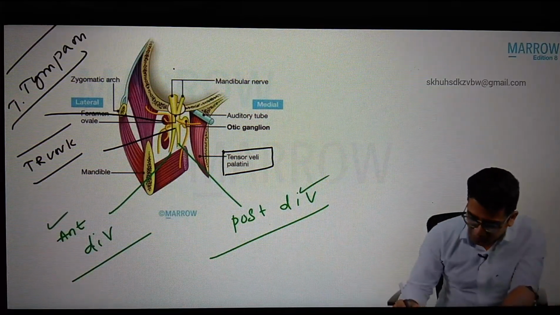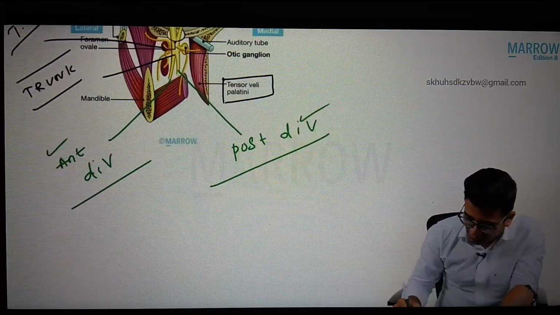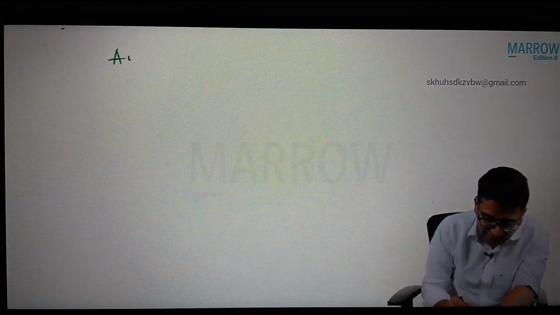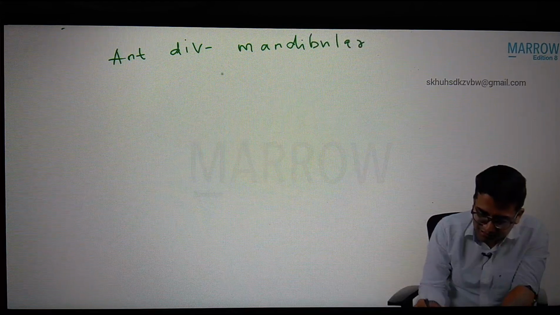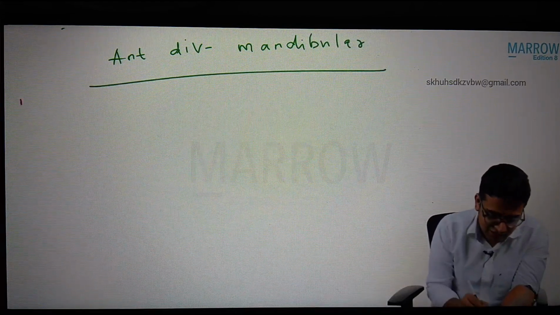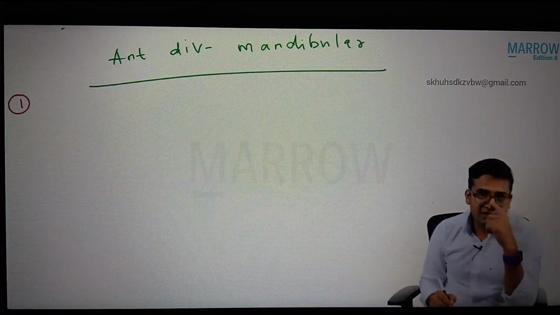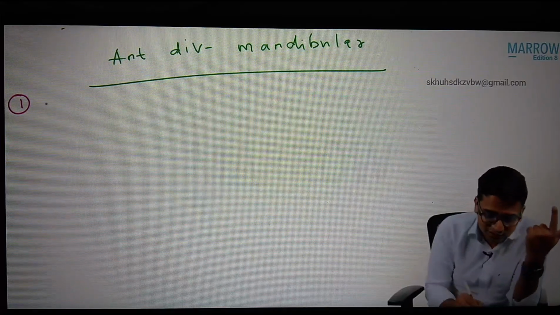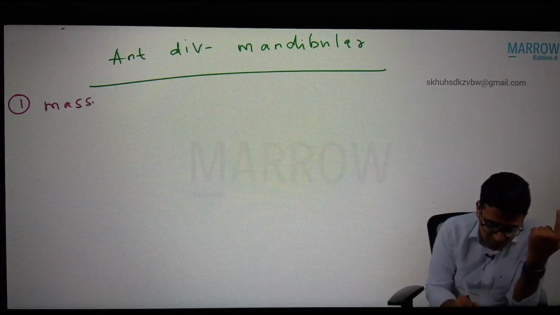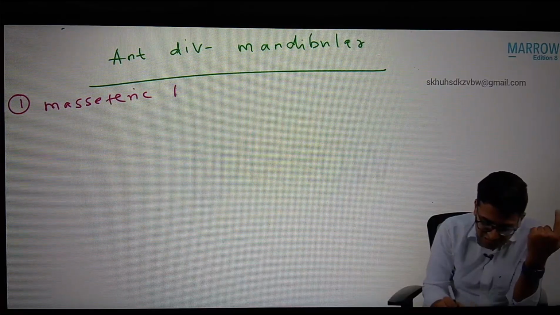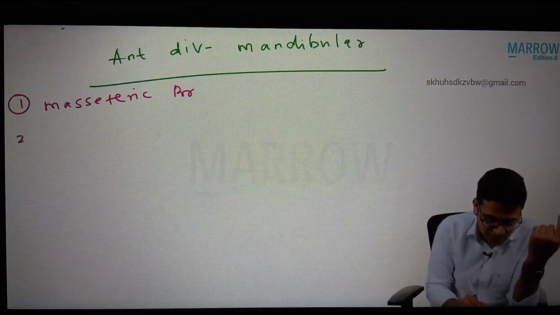Clear? Right. Now, the anterior division of the mandibular nerve gives 3 motor branches and 1 sensory branch. Number 1, the masseteric branch, to the masseter muscle.